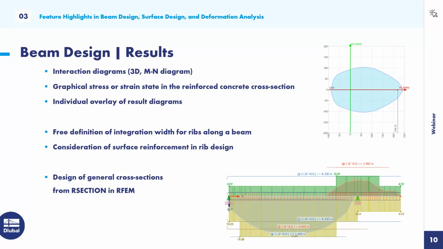We load this section for the static analysis to RFEM, and we can then design for moment and normal force this general section directly in the add-on Concrete. It is not necessary to export the internal forces and load them into the cross-section application. It is directly done in our model.